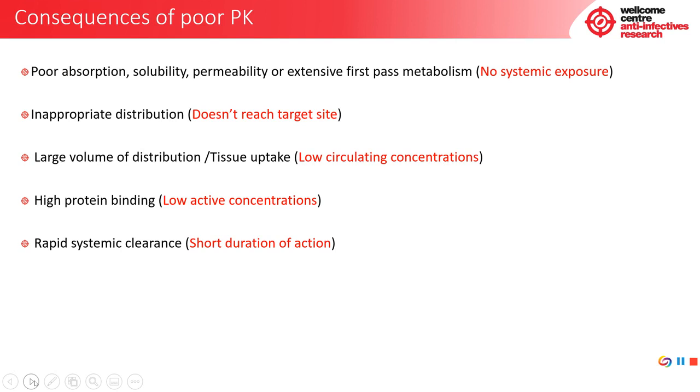When we have extremely large volume of distribution or tissue uptake, there will be low circulating concentrations of the drug. If we have high protein binding, there will be low active concentration of the drug. And if we have rapid systemic clearance, there will be short duration of action.